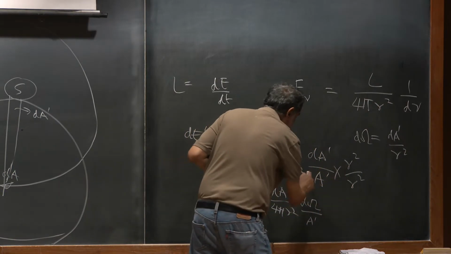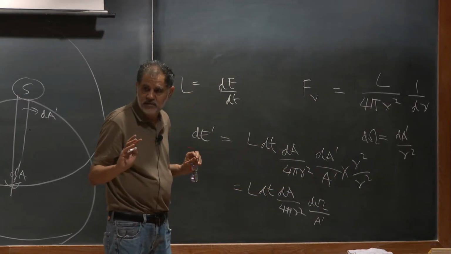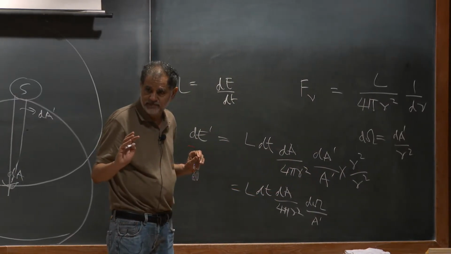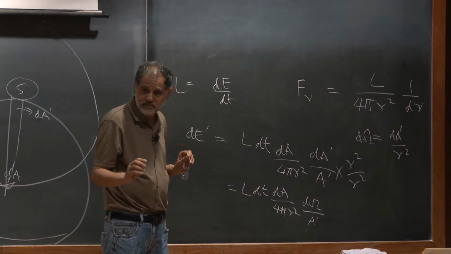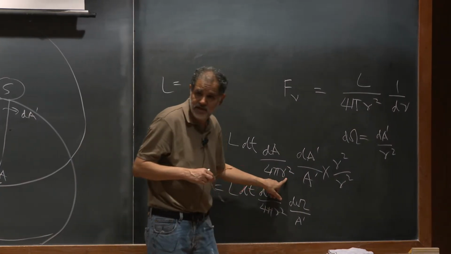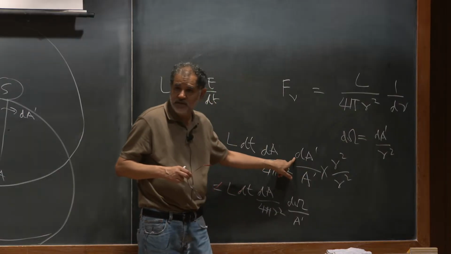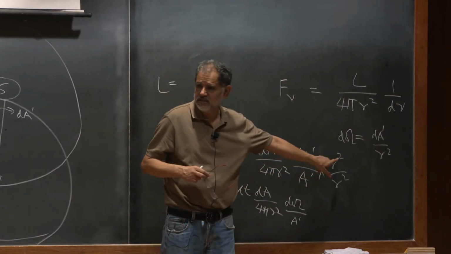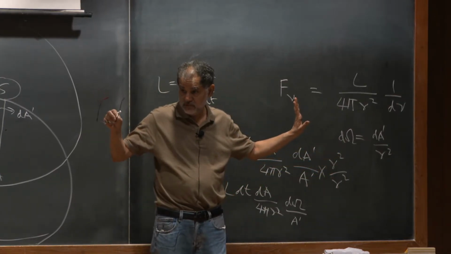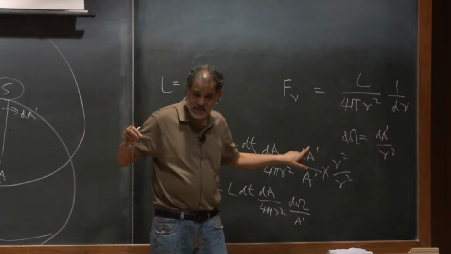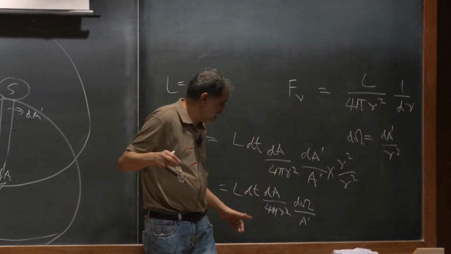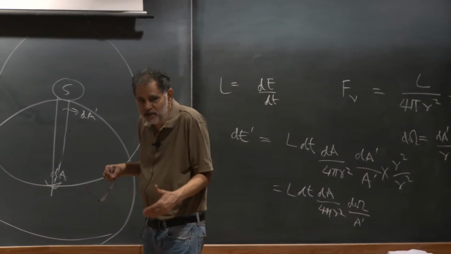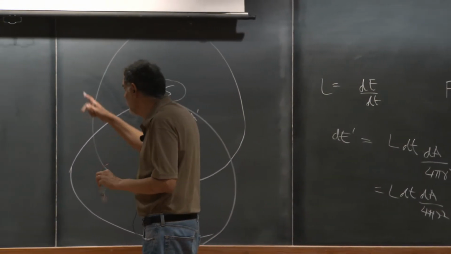This r square and this r square cancel, right? Can you see that? There was this r square in the denominator. One r square gets absorbed in the definition of d omega, the other got cancelled. Fine with you? It cancelled, right? You saw it. Now we are looking at a quantity which looks much more appealing, right? Let me write it on this side of the board now.